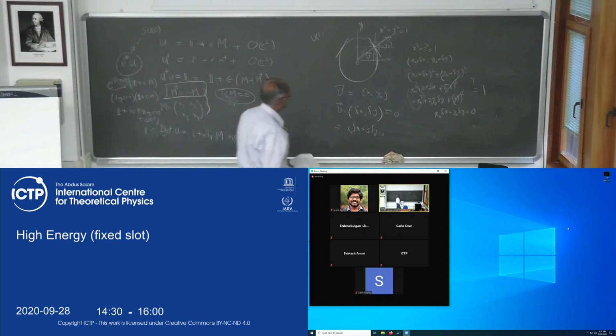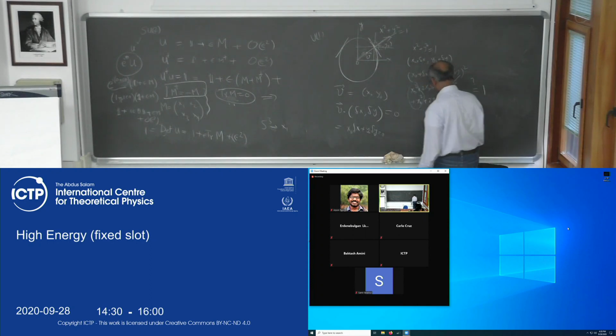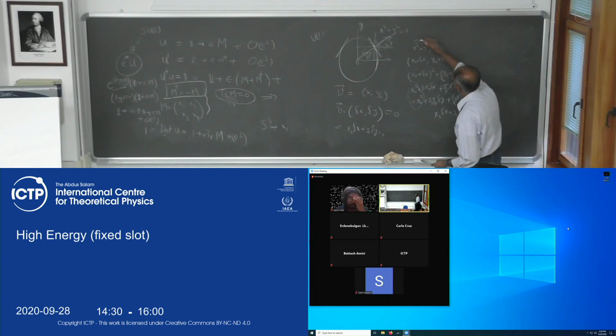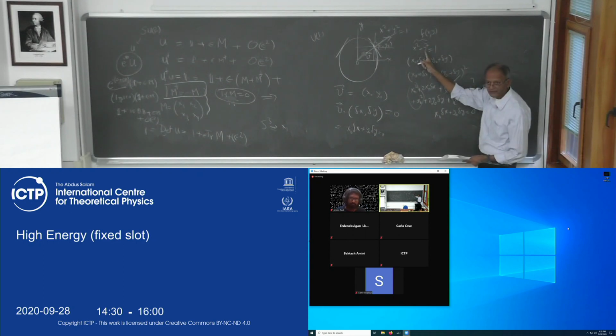And in fact, this equation also I can write in a slightly different way. Let's call this function f. The function is x squared plus y squared.